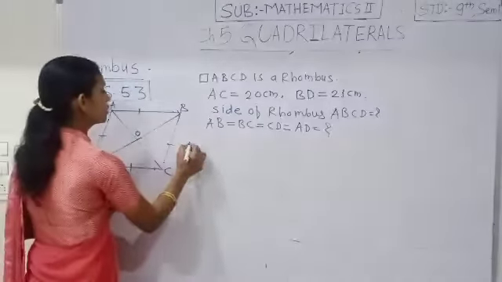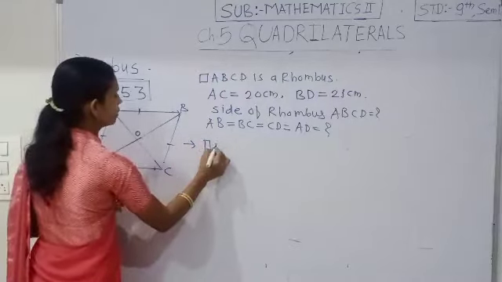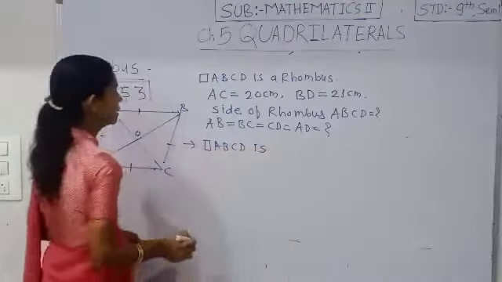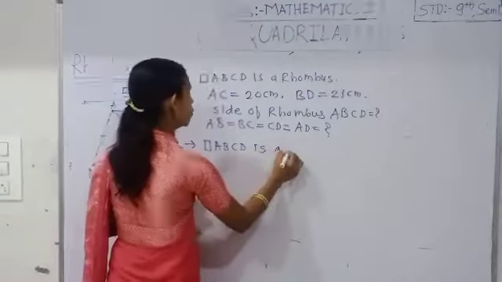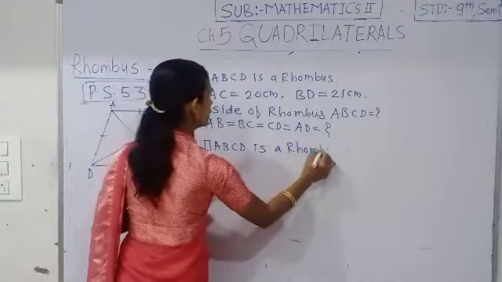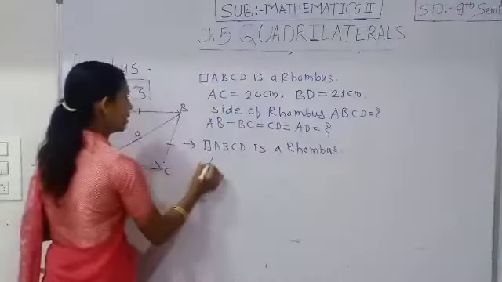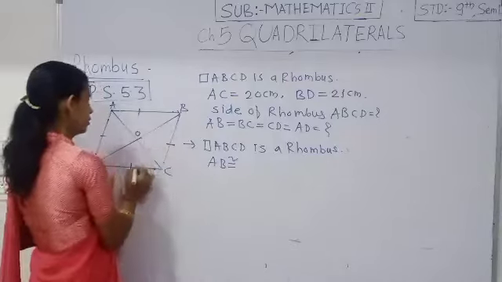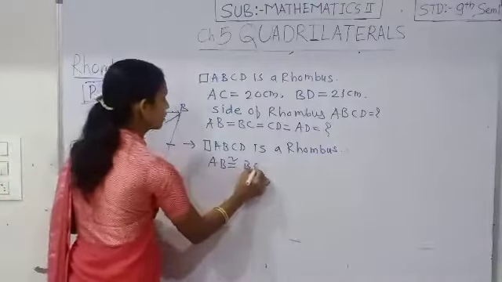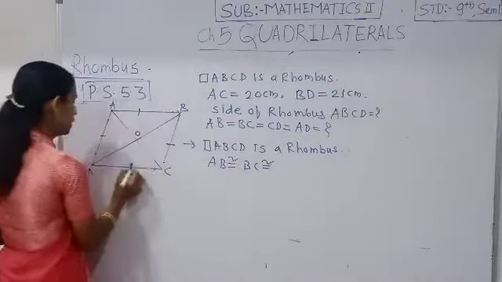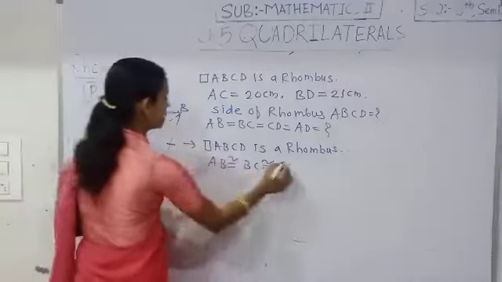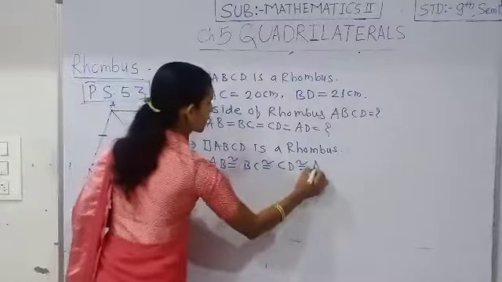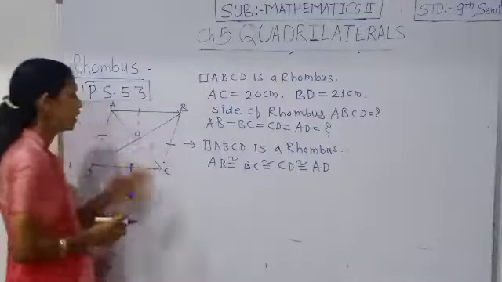Then see here, quadrilateral ABCD is a rhombus. Therefore, we can write that AB is congruent to BC, congruent to CD, congruent to AD, whose lengths we have to find out.